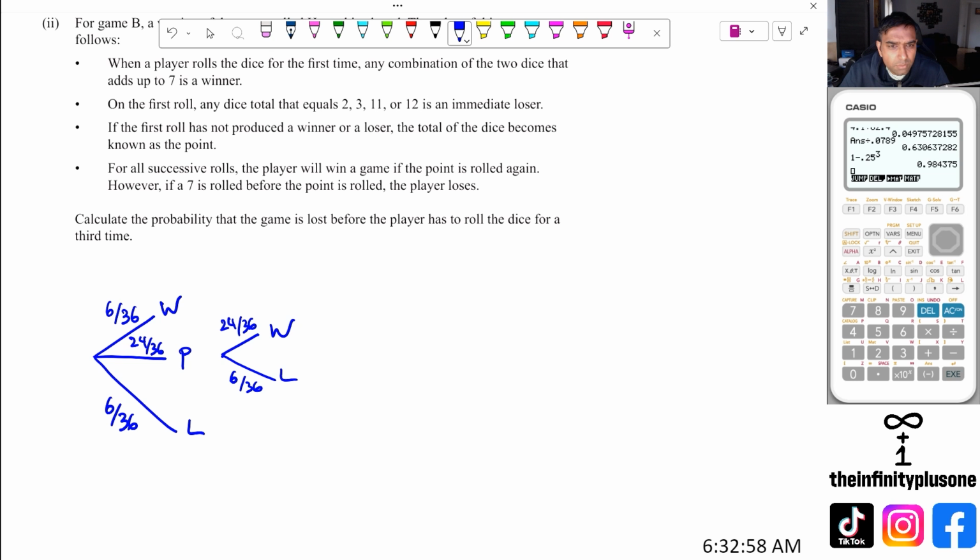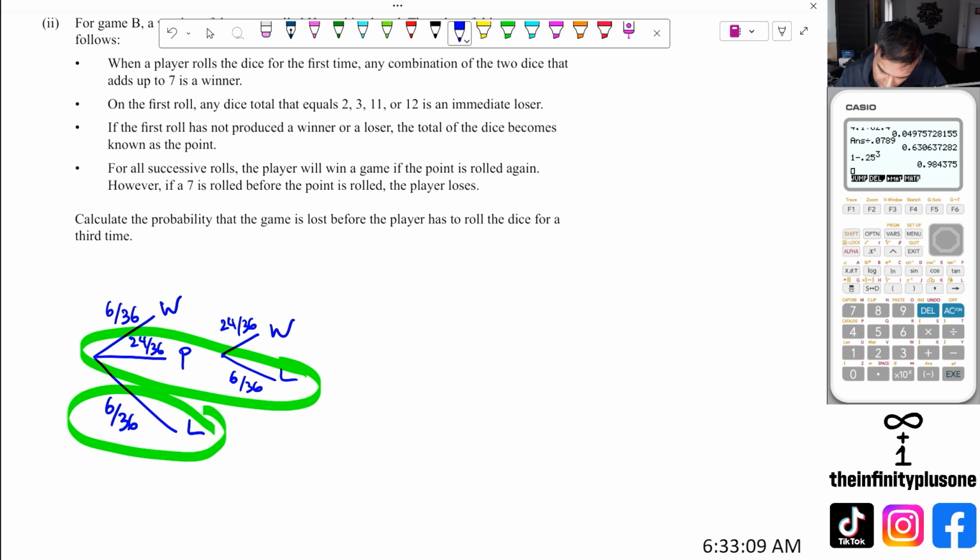Now the probability, what are we finding out? Probability of the game is lost before the player has to roll the dice for a 3rd time. Well, thankfully, we just got to add this branch and this branch together. So probability of loss before 3rd roll is equal to 6 out of 36 plus 24 out of 36 times 6 out of 36.